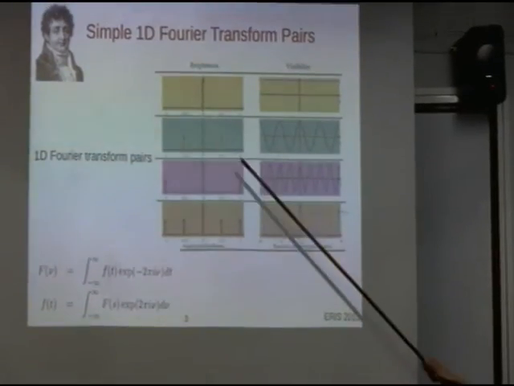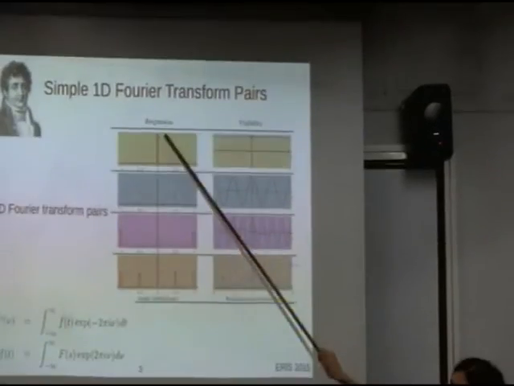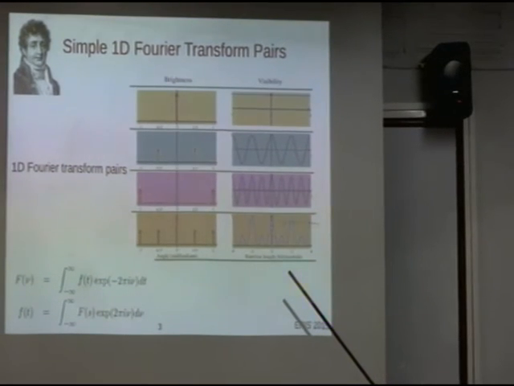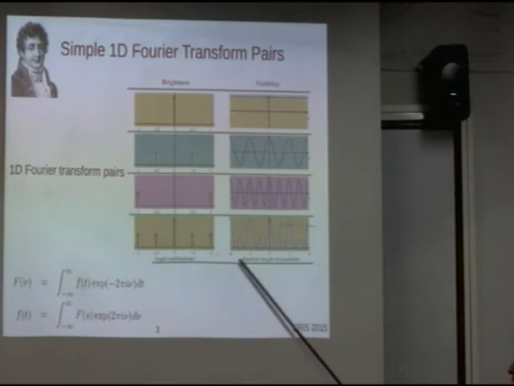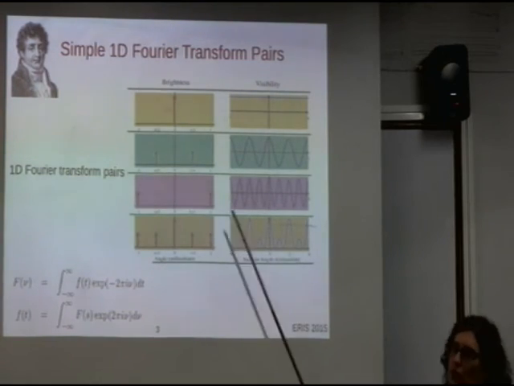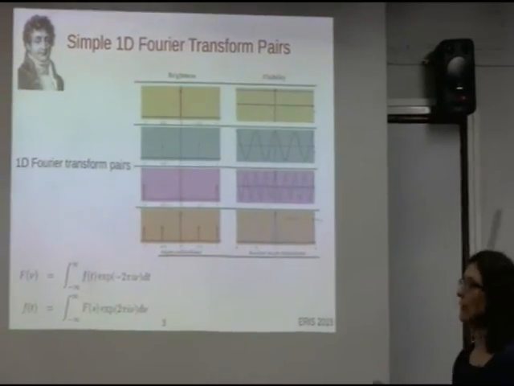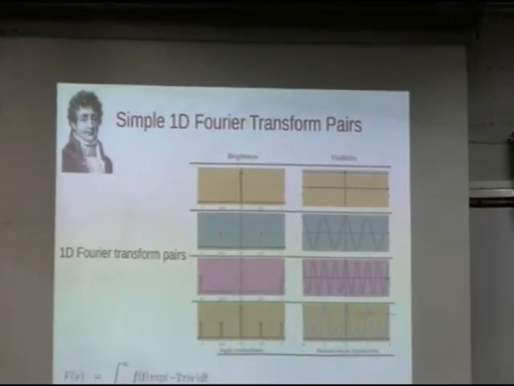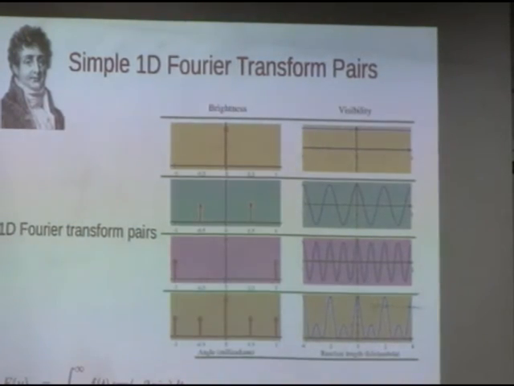But if you have a single pulse in the center with a constant brightness, you will recover just this transform. So here we already have the same axis, the angle and the baseline length. Okay, if you have two, the farther they separate, the interference changes. This is just a review of what I just showed you. And we will go later to the 2D Fourier pairs, which is basically what we are interested in.